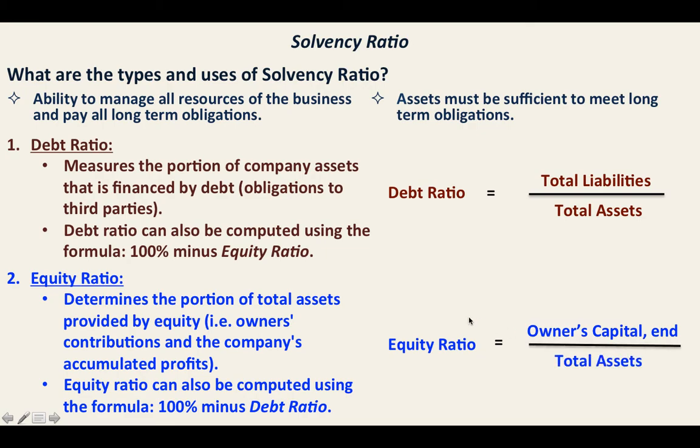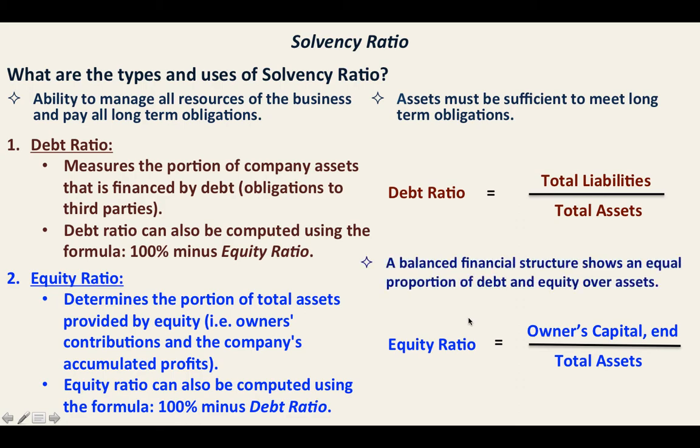Okay? Let us do the illustration. Oh, by the way, class, if we are speaking of a balanced financial structure, we should have an equal proportion of debt ratio and equity ratio, meaning the ratio for both debt ratio and equity are close to each other.